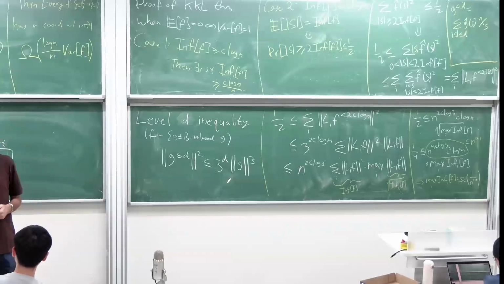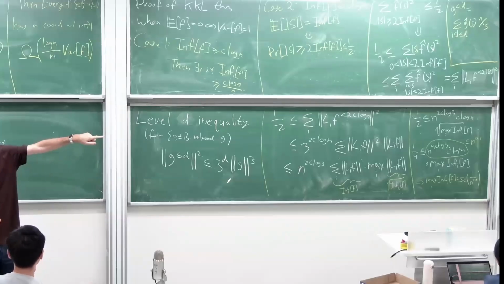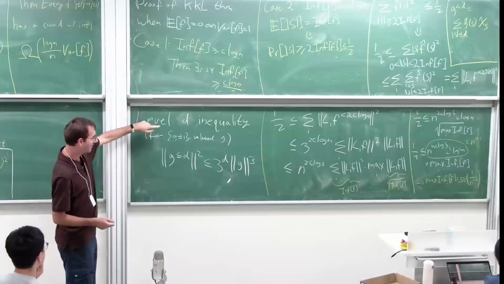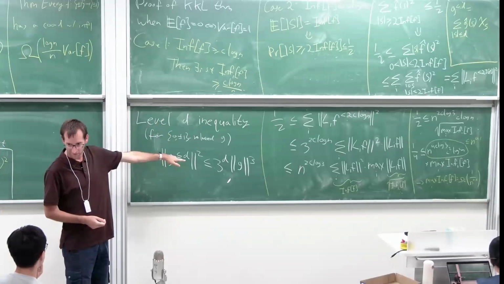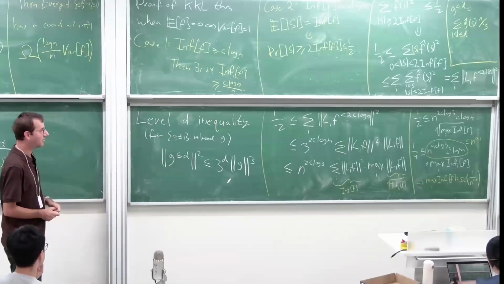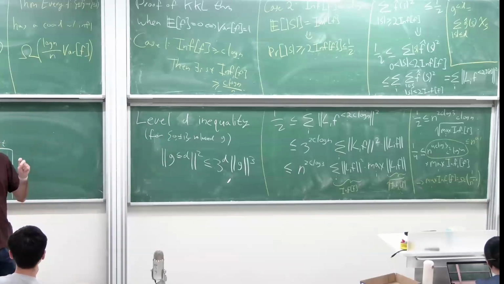You're right that the proof is a bit lossy, and this proof is very lossy because we got n to the 0.1. But you can optimize things, and if you want to really optimize, then this level D inequality is a very bad level D inequality. You can actually get something a lot better. We know, I think, the optimal level D inequality, so that has been done.